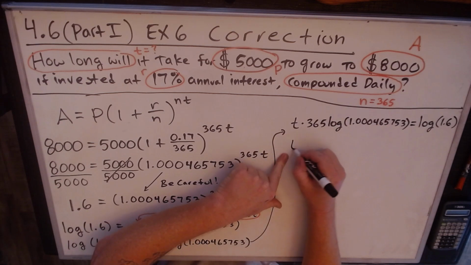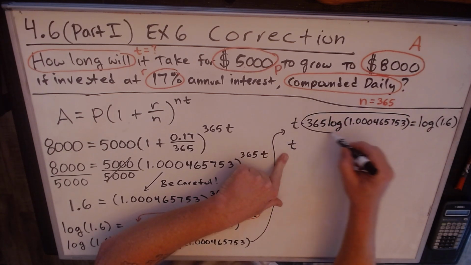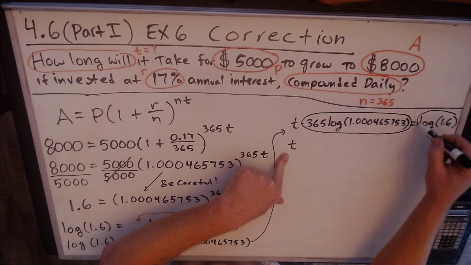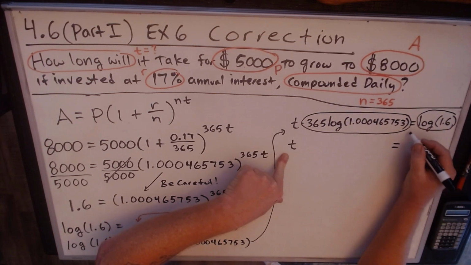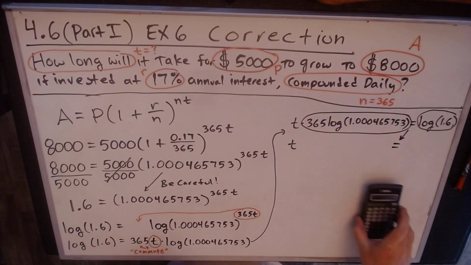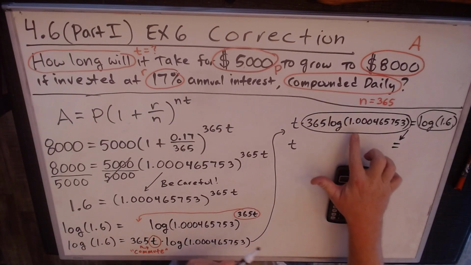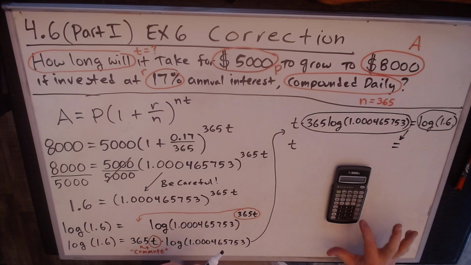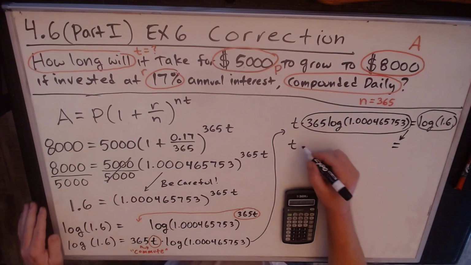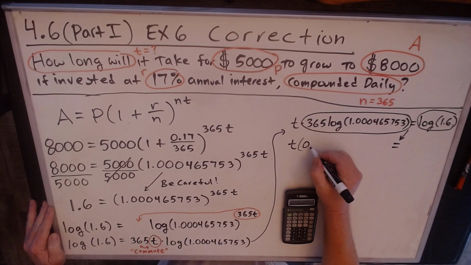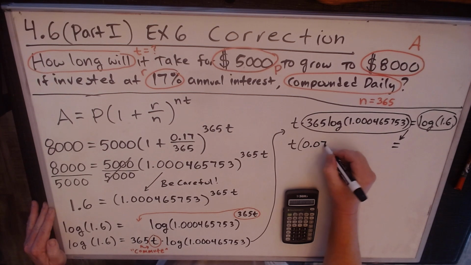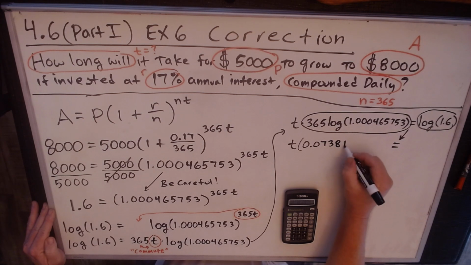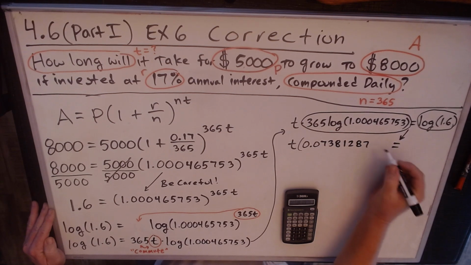There we go. And my goal is to solve for t. At this point, I'm actually going to use my calculator and figure out what these logs are. So let's do log of 1.000465. I've kept that on my calculator, so we'll do log of that and then multiply by 365. So the coefficient on the t side of the equation is 0.073812874.